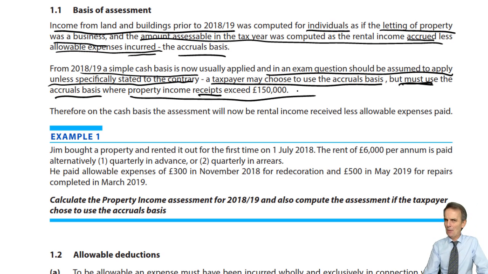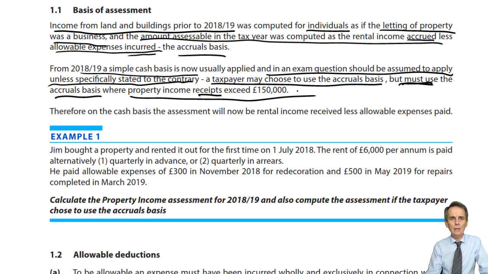This is, as it were, big business here in inverted commas if you've got a rental income of £150,000 or more. But for the individual with maybe a few thousand, tens of thousands, but not hundreds of thousands of income, it's going to be so much easier.